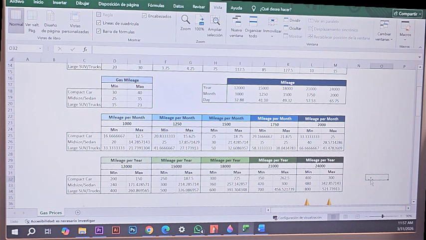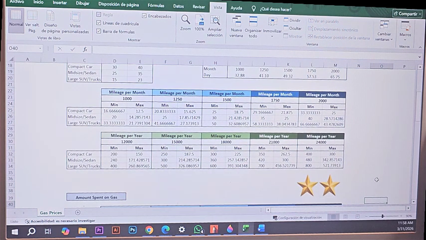So I'll do a little recap. In this case, the gas savings is more for the large SUV than for the mid-size and compact car, because it's going to be filling up the tank more times, even though they're all driving the same mileage per month and per year.